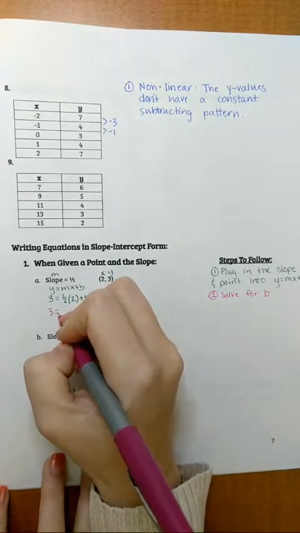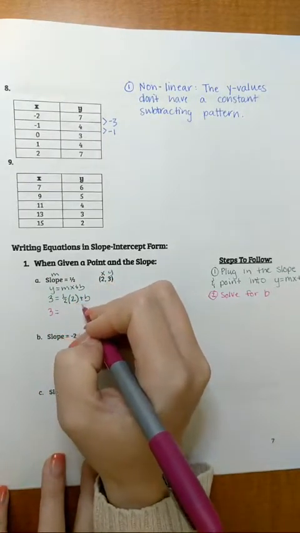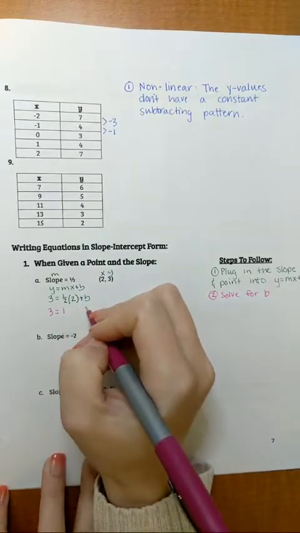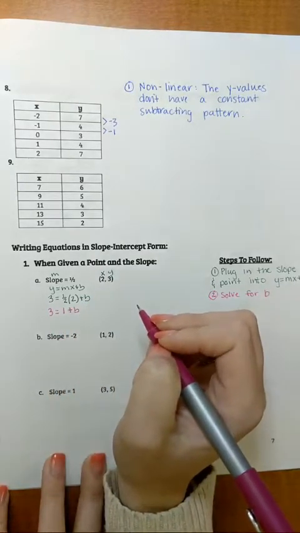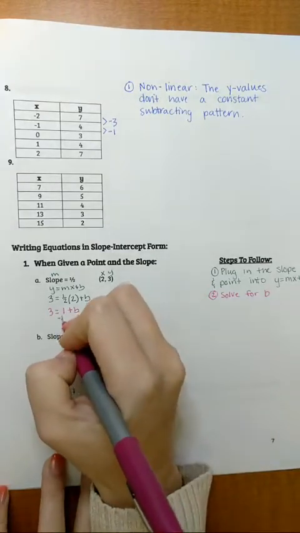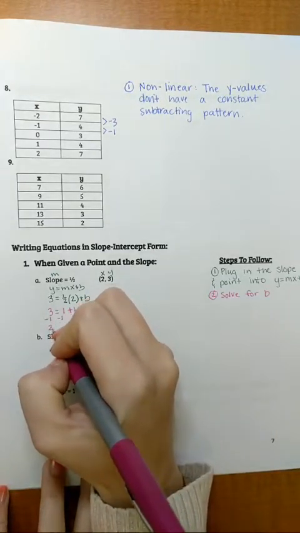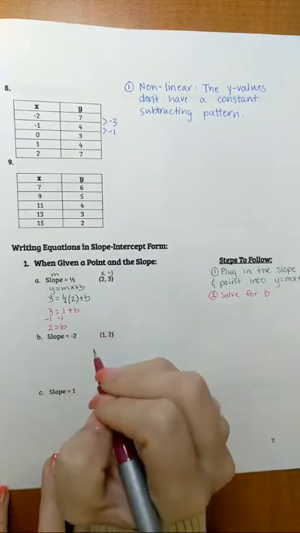So 3 equals 1/2 times 2, which is just 1, plus b. I'm going to subtract the 1 on both sides, so 2 equals b.